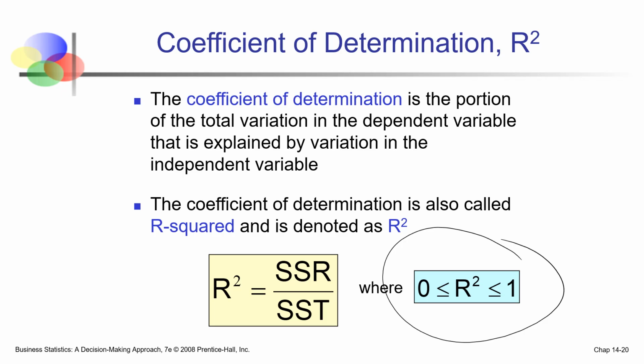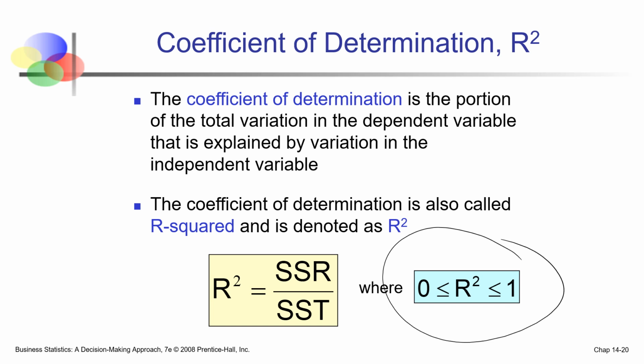But this is the same R square. R square always lies between 0 and 1. 0 means there is no contribution of the independent variable, no variation explained by the independent variable on the dependent variable. And 1 means 100% contribution of the independent variable explaining the dependent variable.